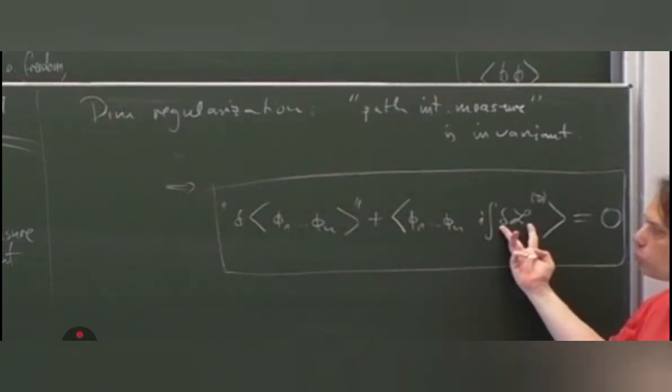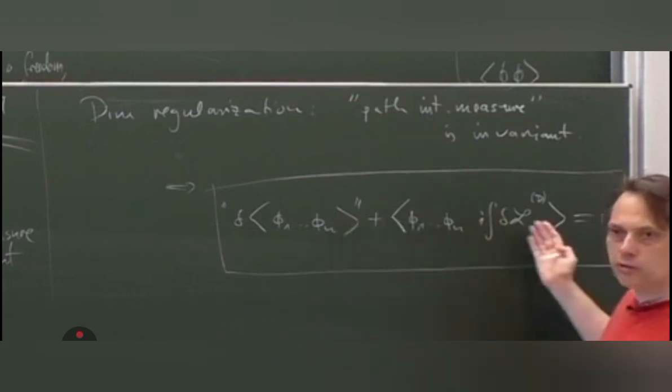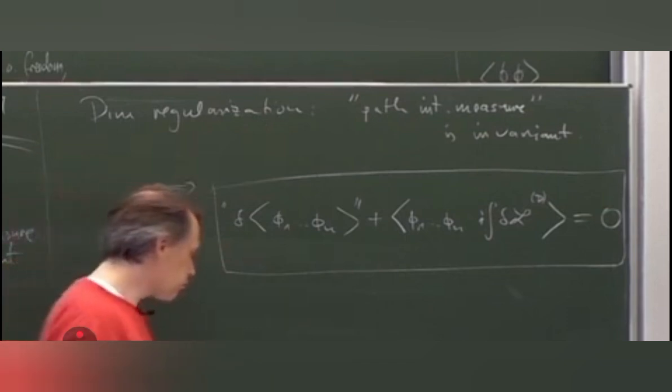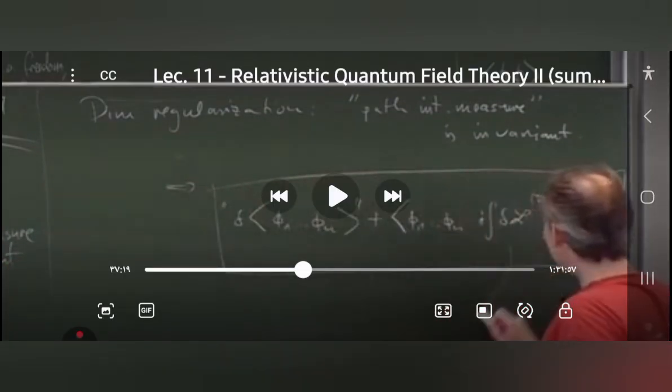So, and then it might or might not be true that the d-dimensional Lagrangian is invariant under a symmetry, but anyway, that again is a direct consequence of a simple path integral manipulation, which is proven to be always valid in dimensional regularization.